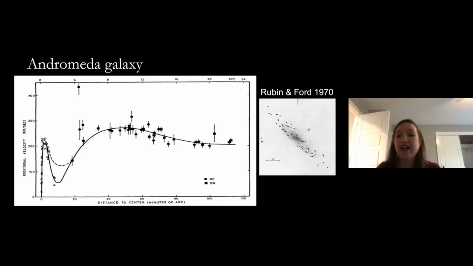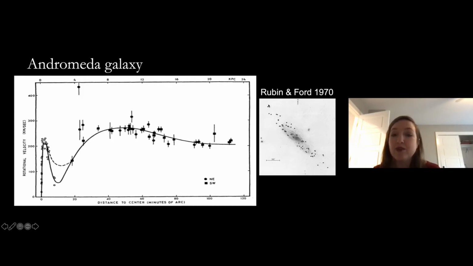This image on the right shows what the Andromeda galaxy looks like in optical wavelengths. Each one of these points is a place where young stars are forming. And where those stars form, it creates a bubble of light that is of a different wavelength than the rest of the galaxy.